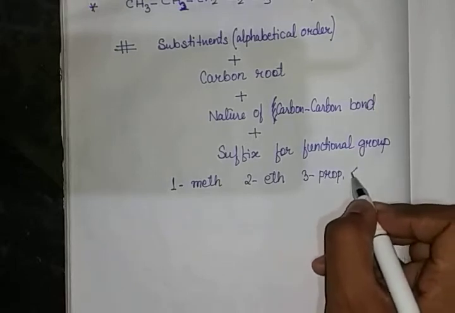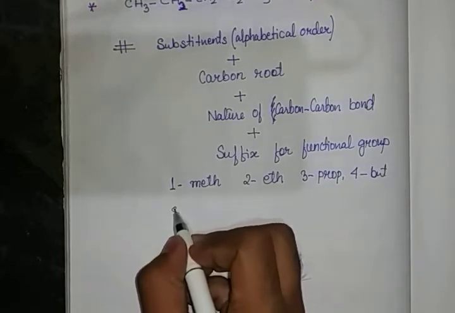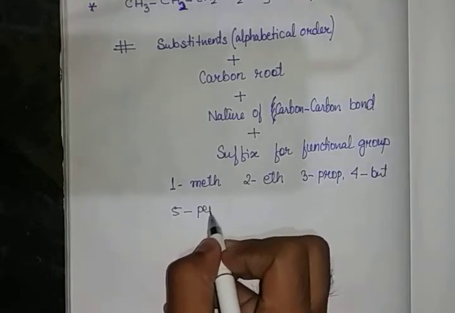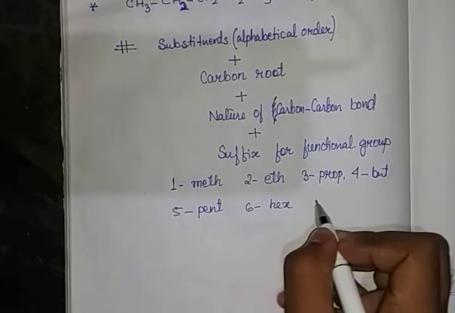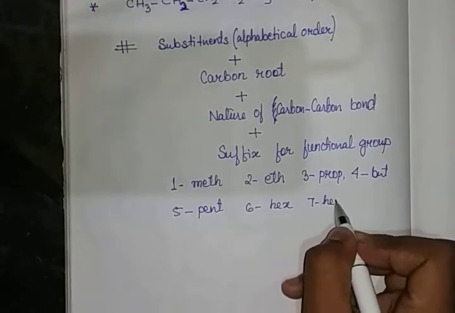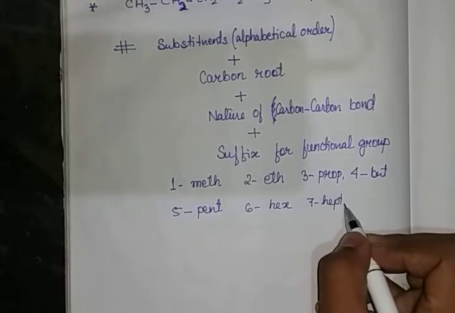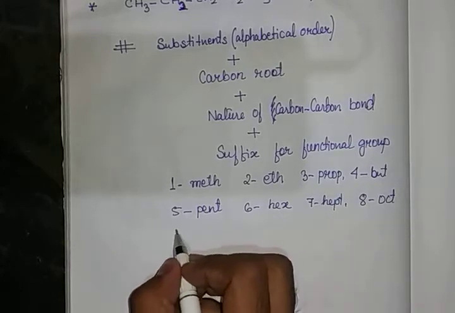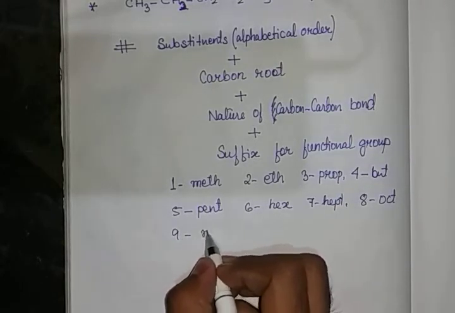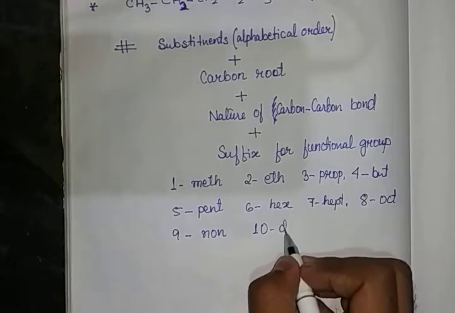If 4, then but. If 5, then pent. 6, hex. Hept. I'll be giving you this chart, don't worry, or you can see your book also. For 8, it will be oct. For 9, it will be non. And for 10, it will be dec.